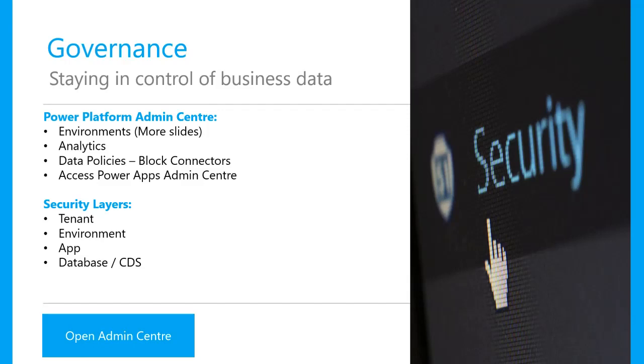We can also see analytics, so we can see the usage of different things. We can drill into specific areas like the Power Apps Admin Center and the Power Automate admin centers from a centralized location, and we can see analysis of what apps are actually more popular than others. Quite often, over a period of time, when people get started using Power Apps particularly, they come up with loads of different Power Apps.